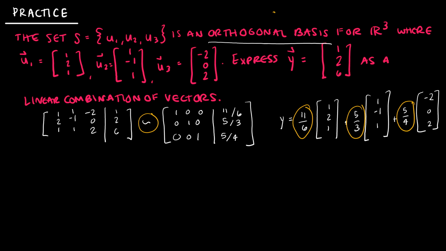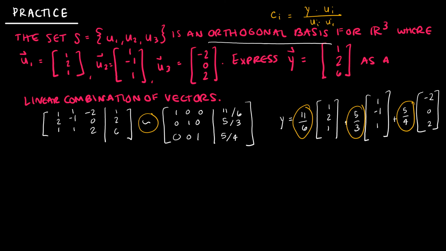We can instead use this formula that says the weights can be found by taking the inner product of y times whatever your vector is over the inner product of that vector with itself. Those are all i's, you get the idea, or j's. I guess I should keep them all the same.